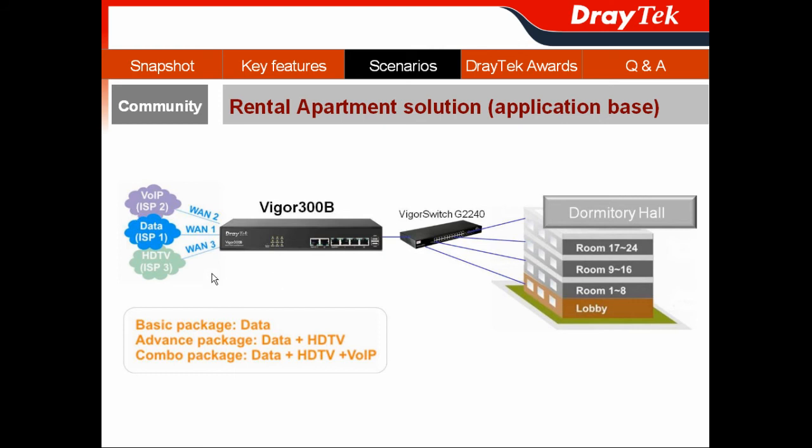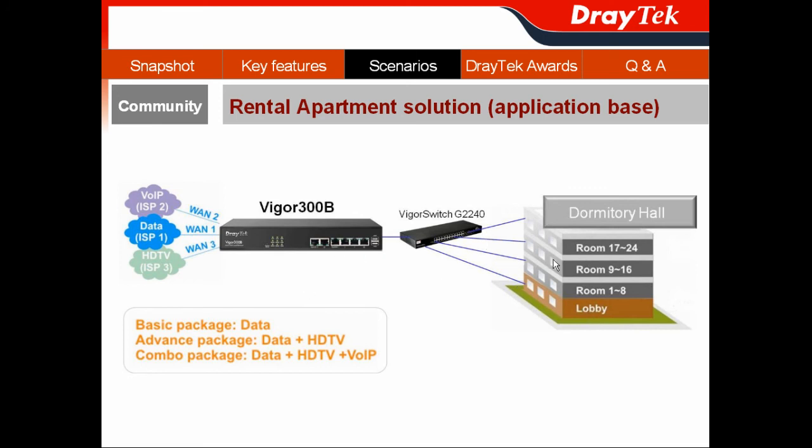So you can utilize Vigor300B smart WAN function. For example, WAN 1 is connected to data provider ISP1, WAN 2 to ISP2 for voice over IP, and WAN 3 to ISP3 for the HDTV. So you can use the different services to get more subscription fees from your residents.